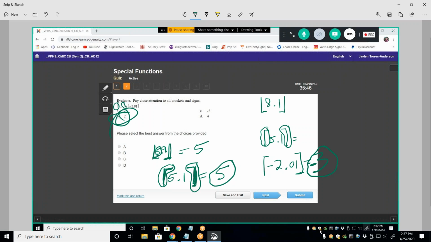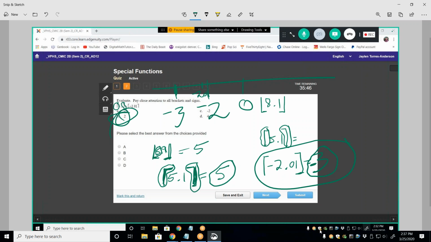On a number line, here's 0, here's minus 2, here's minus 2.01, but they want this integer over here, which is minus 3. So the answer to that right there is minus 3.